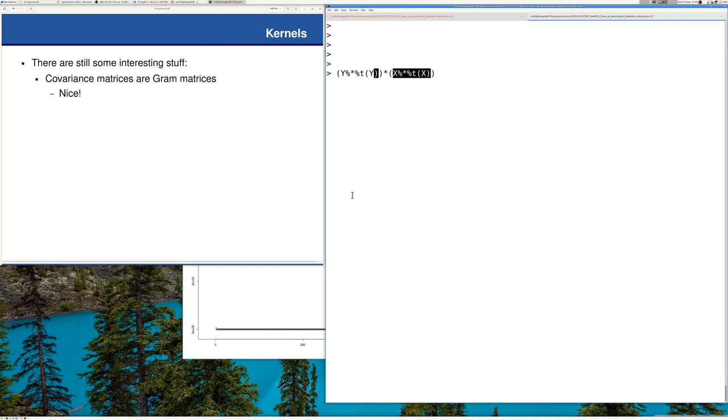Why have we used the dot product between every pair of examples belonging to my input space X? Because that will produce a covariance matrix which is positive semi-definite, which is a Gram matrix. It is symmetric, positive semi-definite, therefore it is a Gram matrix. Therefore, I can use it in my optimization problem.